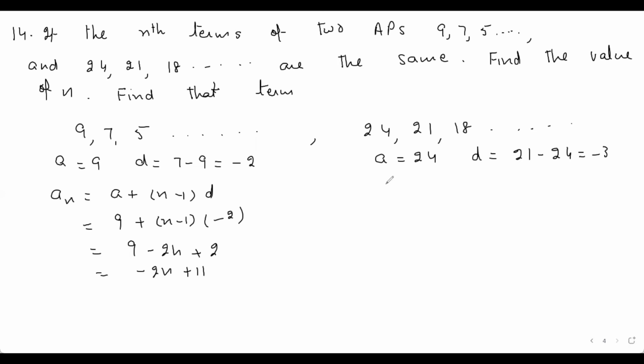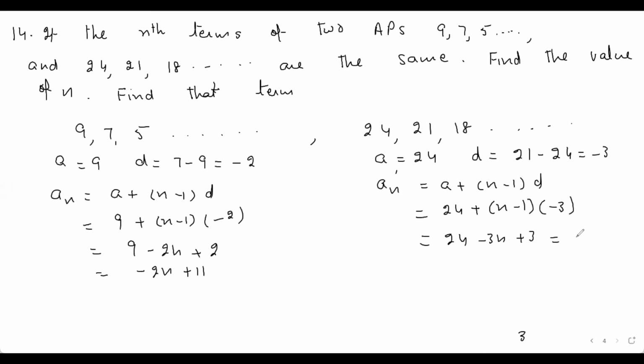Now, nth term of this series, let it be An dash, is A plus n minus 1 D. A is 24, n minus 1, D is minus 3. That is 24 minus 3n plus 3. This is equal to minus 3n plus 27. Now, according to question, nth term of both the series is same.